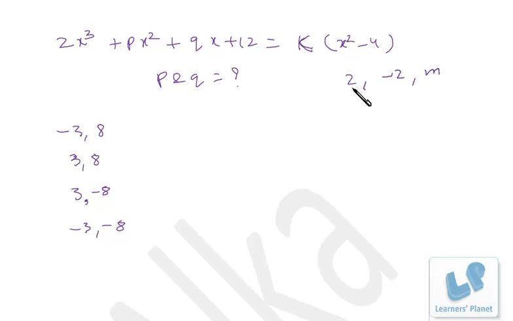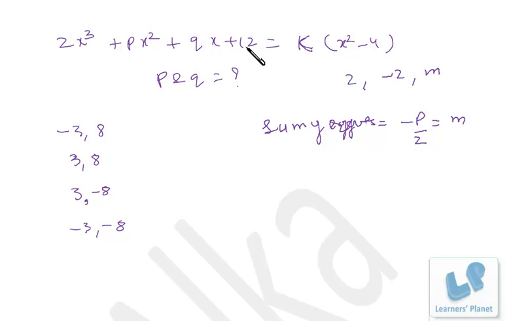Now the sum of these three, that is this plus this plus this, should be equal to the sum of roots, which is equal to the coefficient of x square in negative, divided by the coefficient of x cube in a cubic equation, right? So that's minus p by 2. Okay, so that's actually 2 minus 2 plus m. So that's m.